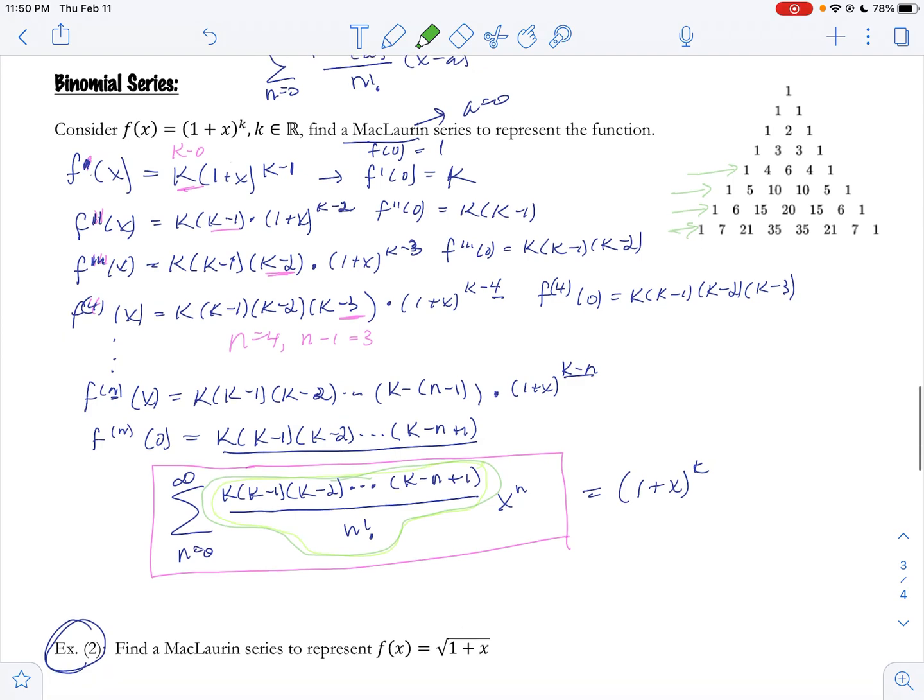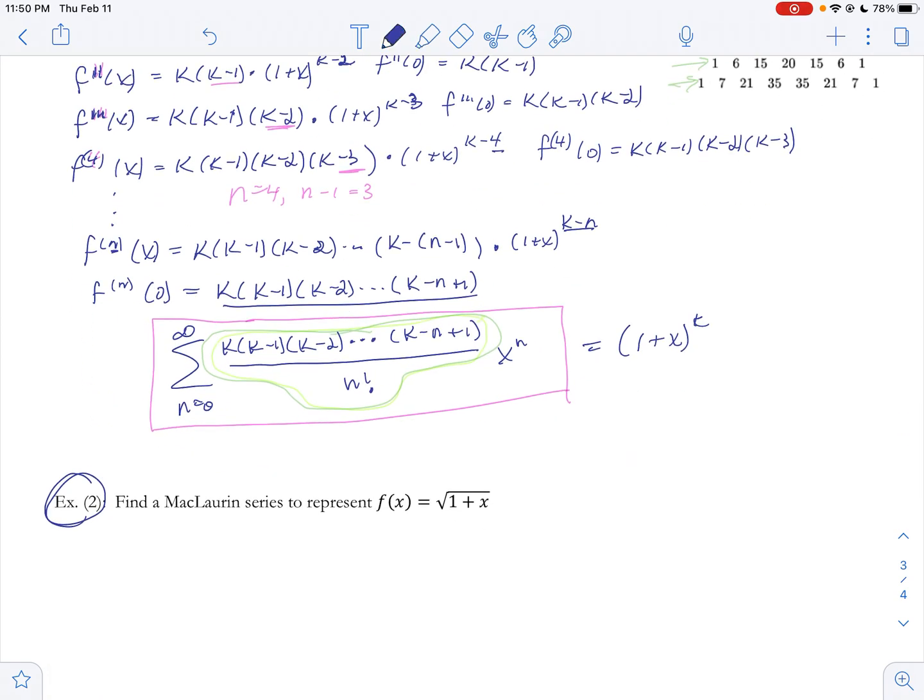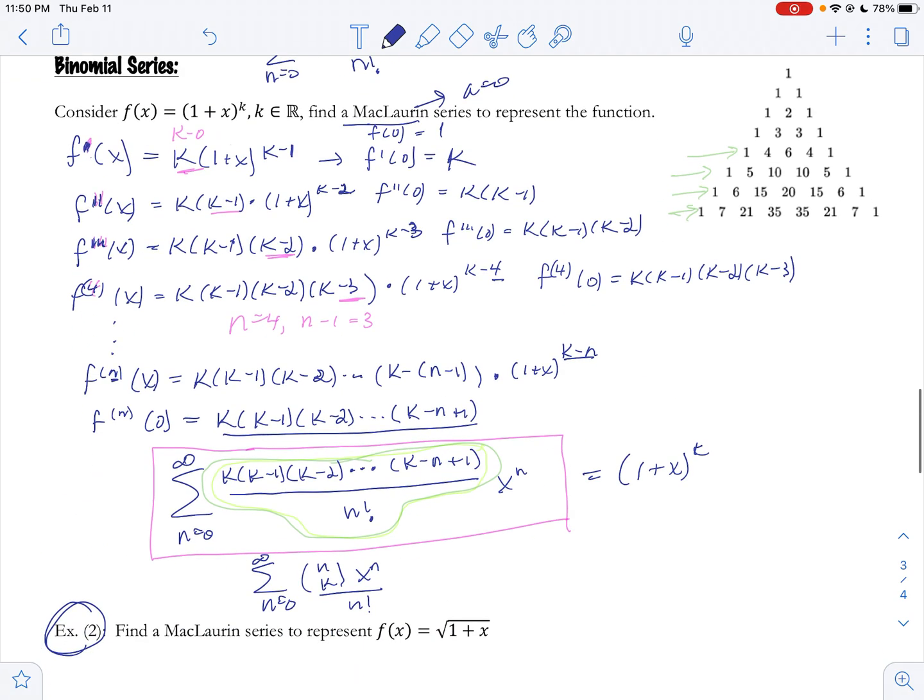There's another way that you'll see it written. Sometimes you'll see it written like this: n choose k, x to the n over n factorial. That n choose k comes from the idea of the binomial concept, where all of these terms are n choose r, or n choose k.